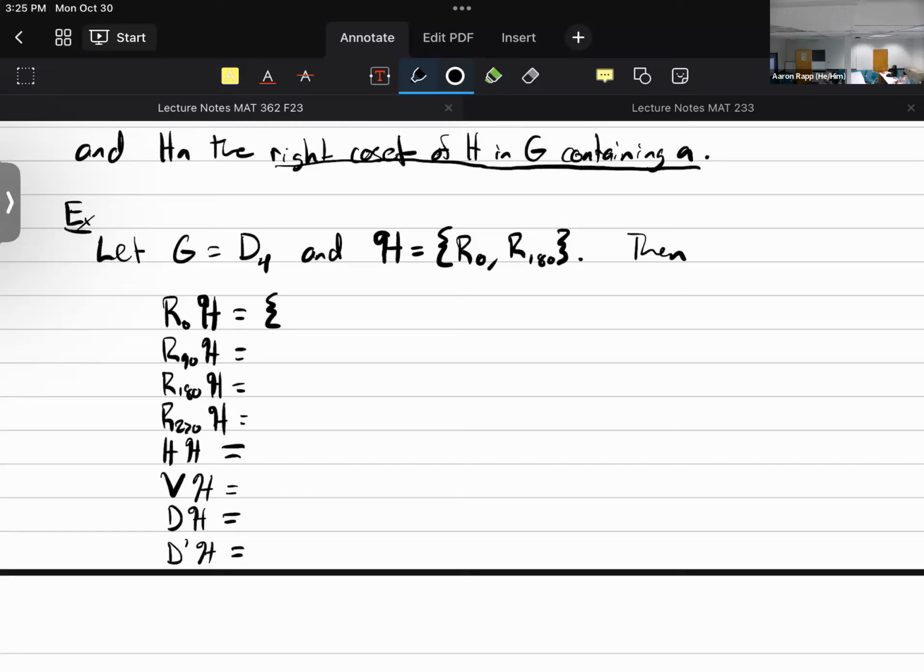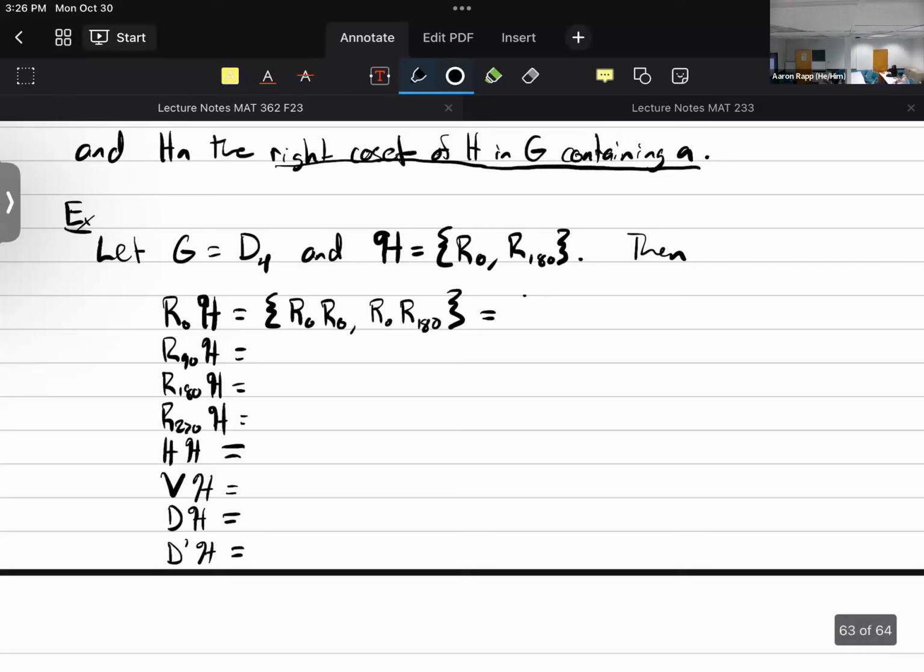So what are the elements going to become? Technically, this is just the first time I'm going to write it out, maybe the first couple times, but this is what all my elements will look like. I take every element in H, multiply on the left by R0. But I can reduce those down. I know what the outcomes are.